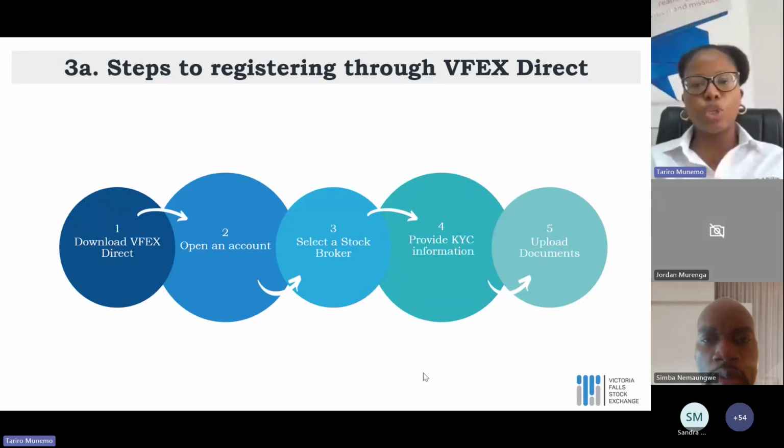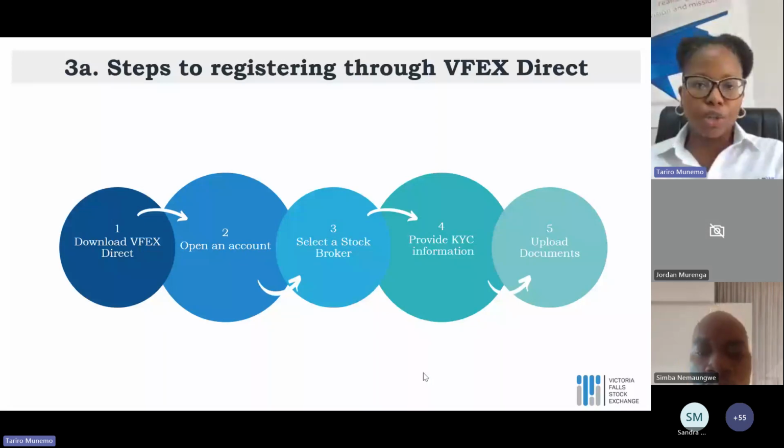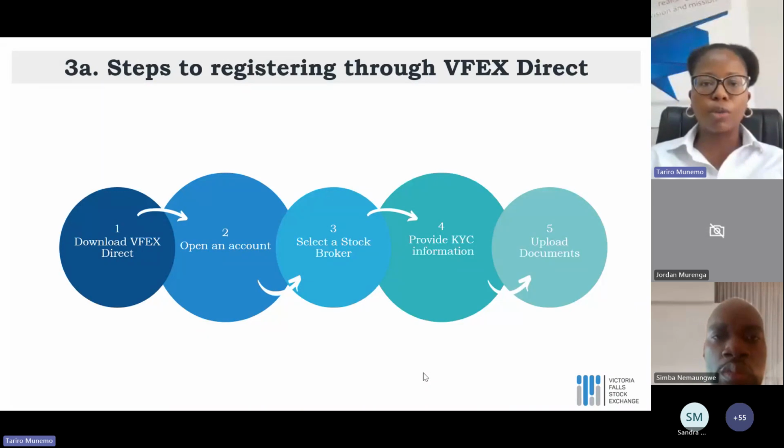So the approach that we usually take is such that, unfortunately, the exchange cannot go on and say, this is the stockbroker that you should be choosing, or this is the counter that you should be buying. It's simply because as an exchange, we're supposed to be a fair ground for all market participants and not favoring or showing any bias.